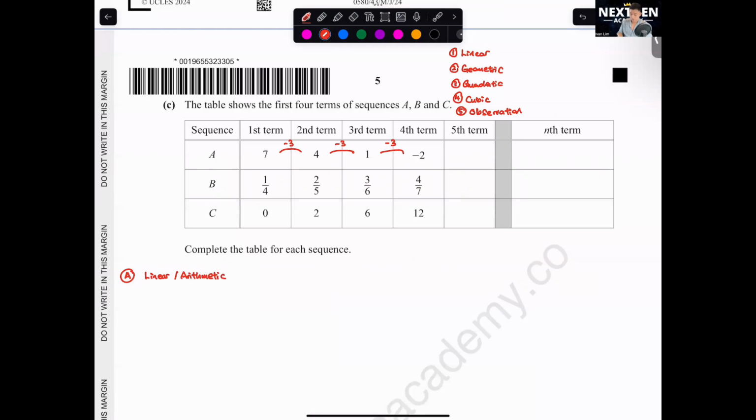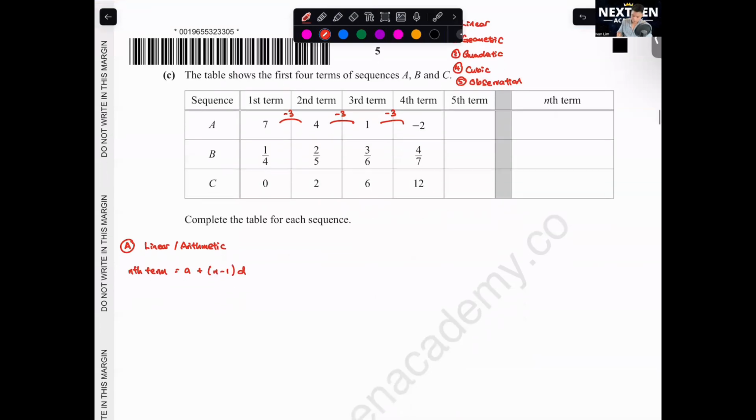How to find the nth term? The formula that we need to memorize is a plus (n minus 1) d. I want you all to remember this. a is your first term, d is your common difference. So for this question, a is 7, d is equal to -3.